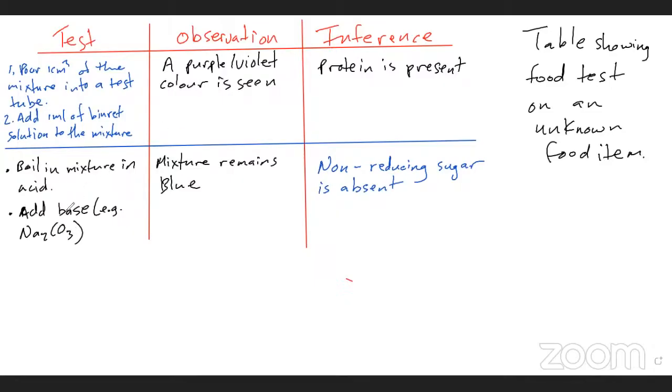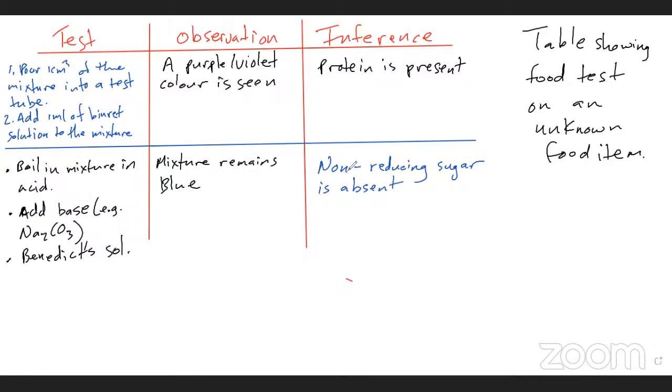So you add the acid and the mixture to a test tube and you boil it. Then you remove it, allow it to cool, then you add the base. So it's acid, then base. Then what after the base? Benedict's solution. Then you add the Benedict's solution.